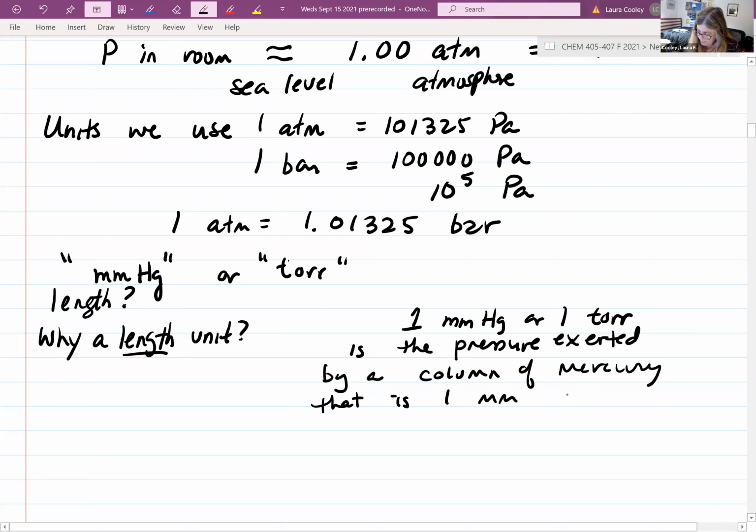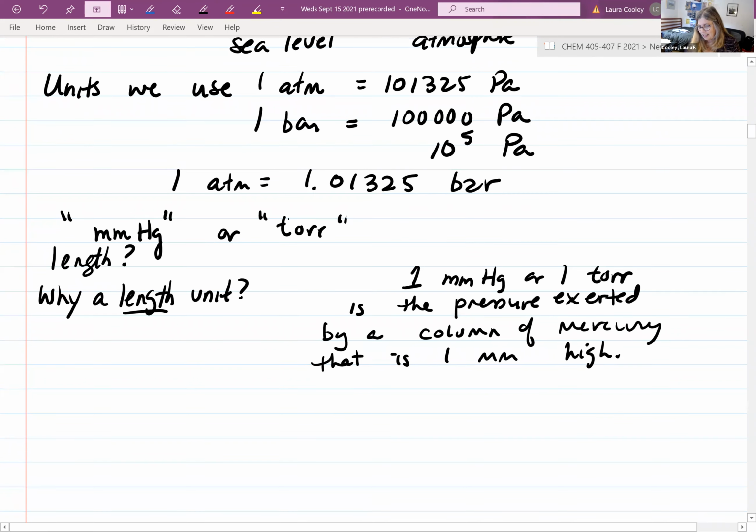Okay, it's very convenient that mercury is a liquid and has such a nice high density.